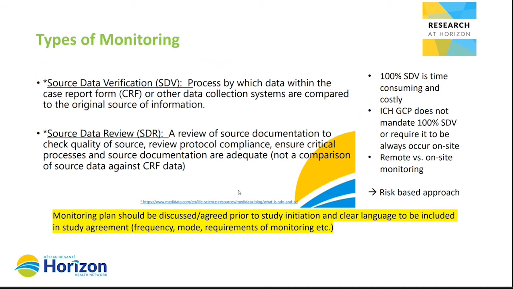Rather than doing 100% review, they identify certain sites that show as higher risk than other sites, and they have a risk factor matrix that they measure against. Depending on that risk assessment, we may be selected for different monitoring plans or regimens, depending on the type of study and our site's involvement in that project.